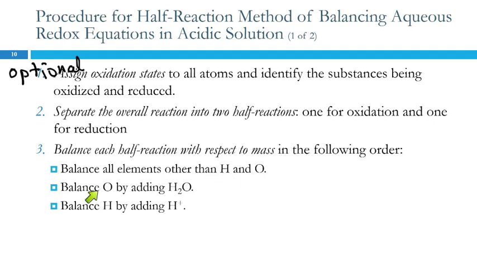And then, to balance the oxygen, you may need to add something, because there might not be any oxygen on the other side. So you're going to use water. This is an aqueous system. Are there water molecules around that could participate? Everywhere, right? So you're going to add H2O so that we can balance out the oxygens.